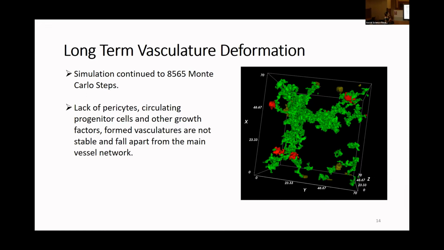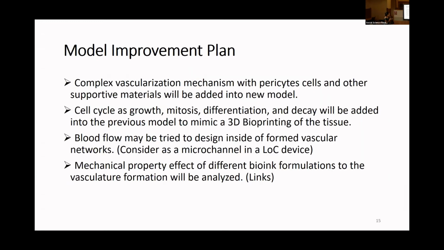So I would also like to add the proper mechanism, such as a second supportive cell type and other supportive materials, into the model. And I would also like to work more on the cell cycle, as mitosis of these endothelial cells, so they decay and grow properly, and try to mimic the 3D printed structure that I am making with a bioprinter.